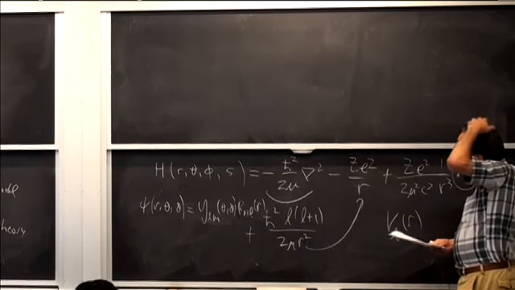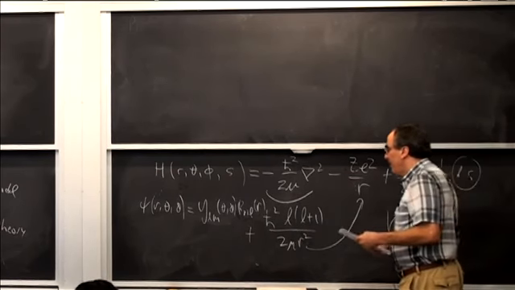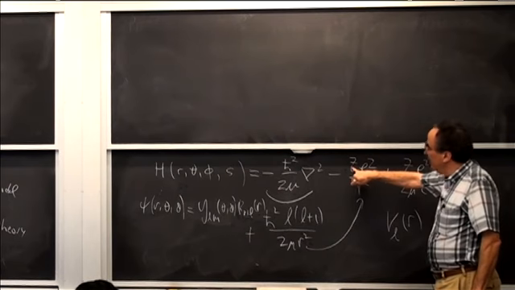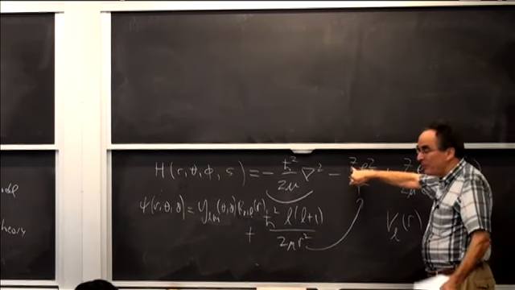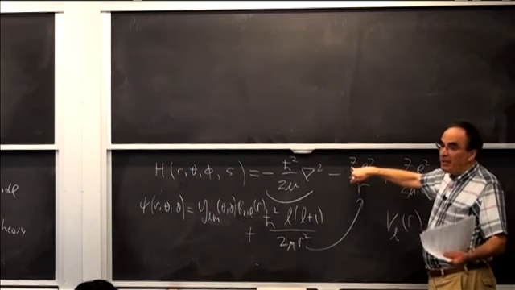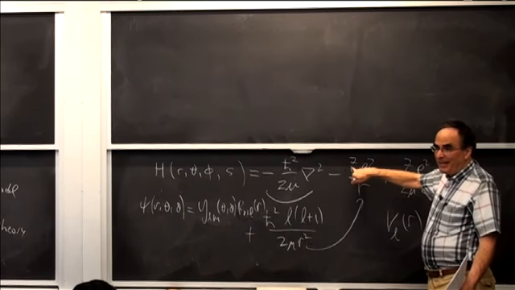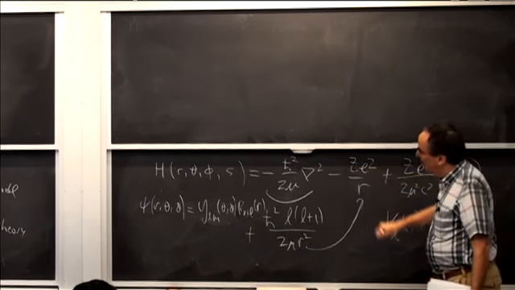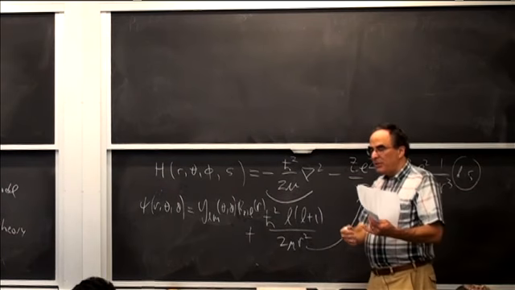Okay, so now I have to define some things. This is the charge on the nucleus, and so for hydrogen it's 1, and for helium plus it's 2. I want to make a distinction.